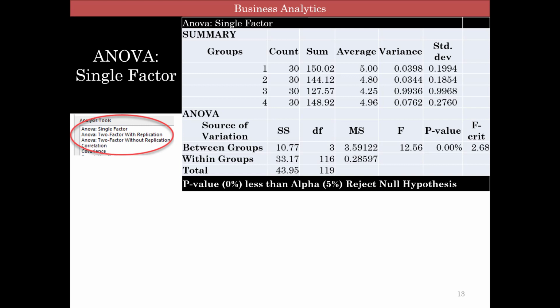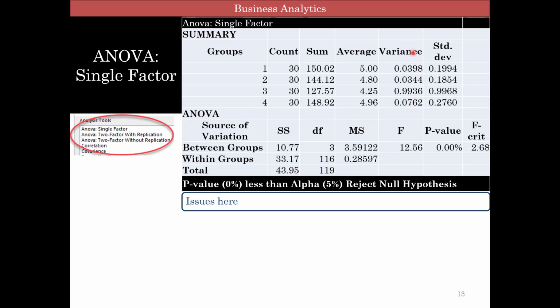Then when you look at the results, you can do some comparisons here. So we have 30 in each group, and Excel kind of requires ANOVA to have equal values. If there are unequal values, Excel cannot handle it. The average is given to you: 5, 4.8, 4.25, and 4.96 minutes.